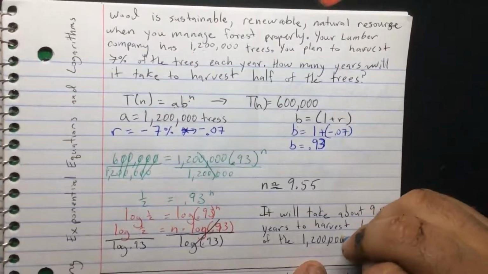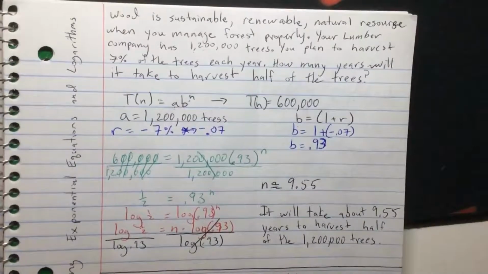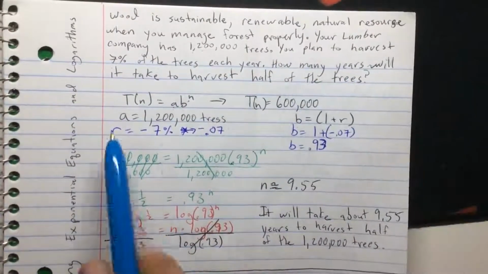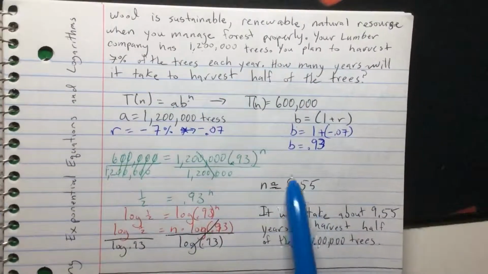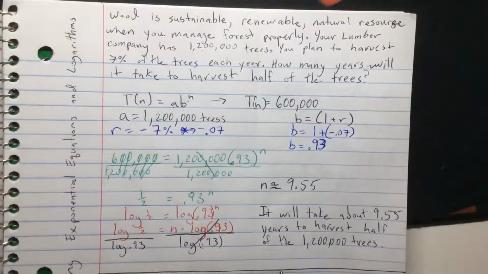That's what we answer. So how many years will it take to harvest half the trees? It will take about 9.55 years to harvest half of the 1,200,000 trees.